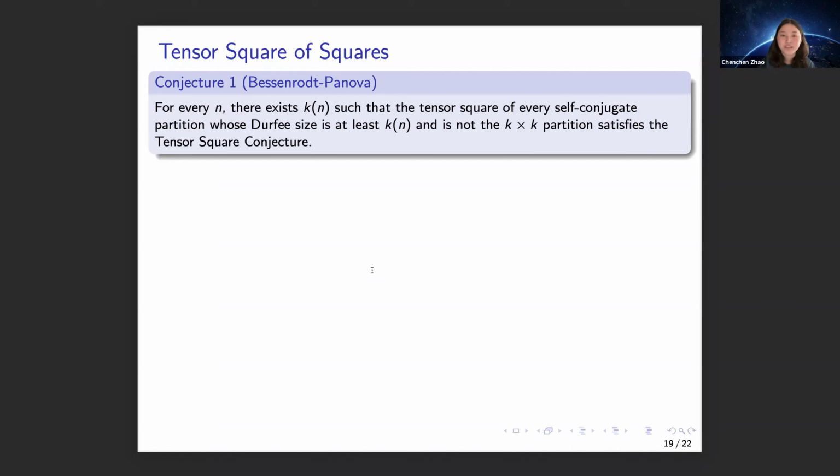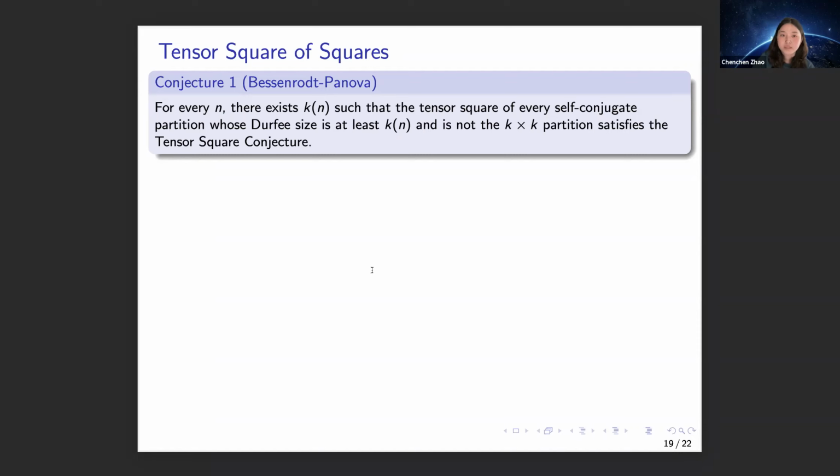And Bessenrodt and Panova made this conjecture that the partitions that satisfy the tensor square conjecture have to be self-conjugate, and their Durfee size, which is the length of the diagonal, is at least k of n, and it's not a square partition, because it's proven that the square partition has some missing partitions from the tensor square of it.